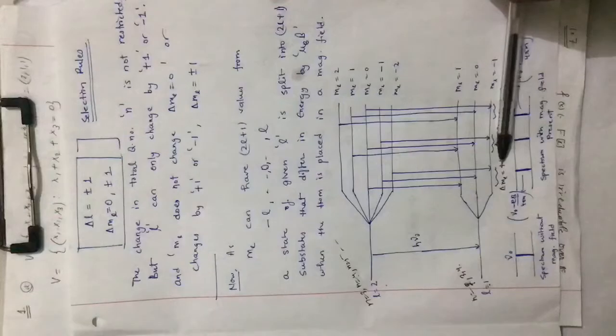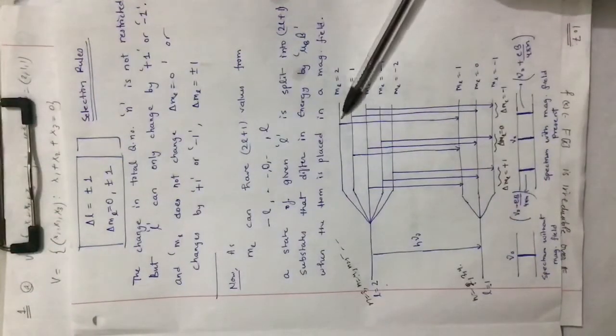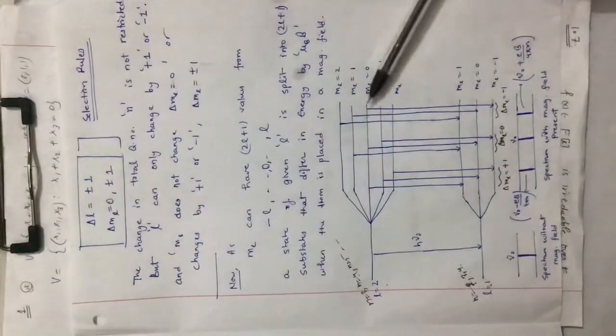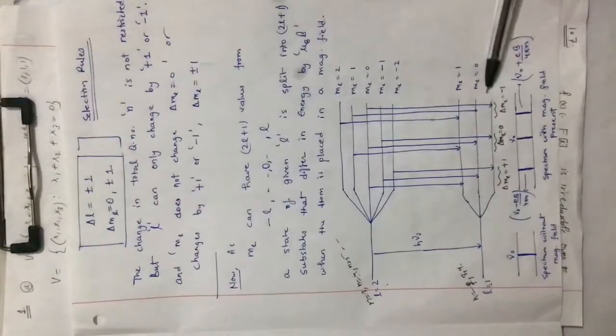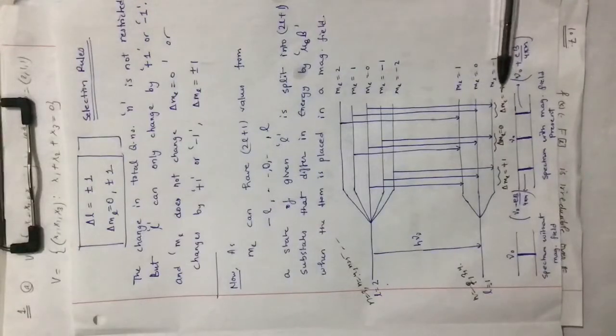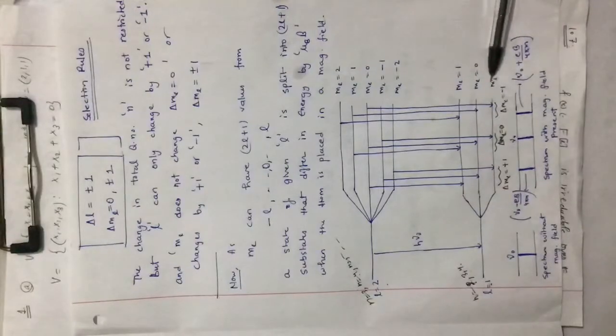For these transitions, ML initially was 2, now ML is equal to 1. There is a decrement of ML. ML is equal to 1, here ML is equal to 0, ML is equal to 0, ML is equal to minus 1. Now this is also limited by del ML of minus 1. So del ML, according to the selection rule, cannot exceed plus minus 1.